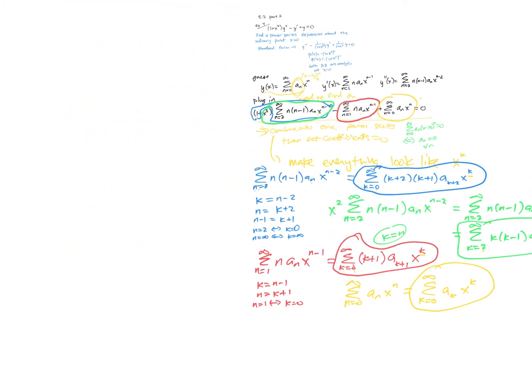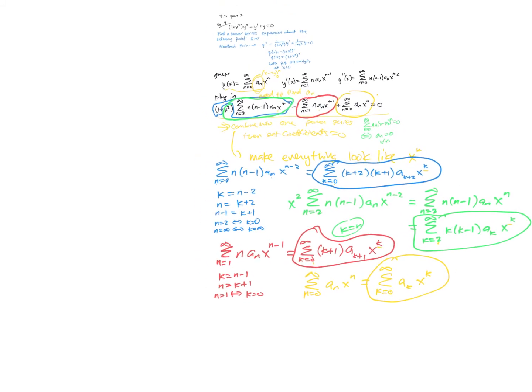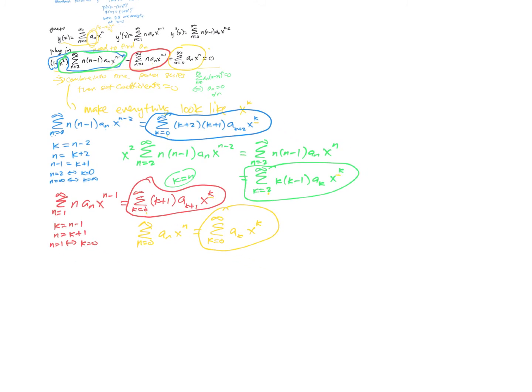Okay, so I don't know where to move this. I'll rewrite it and then I'll move everything away. So now our equation becomes, I'll just rewrite everything: blue plus green plus red plus yellow.